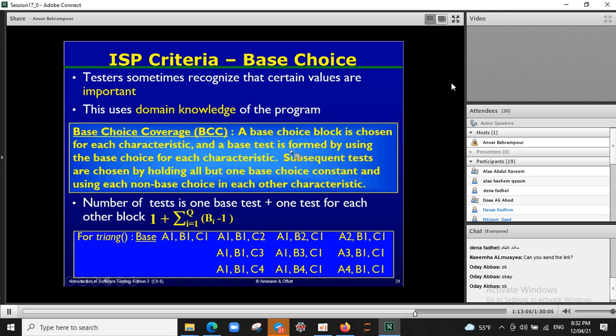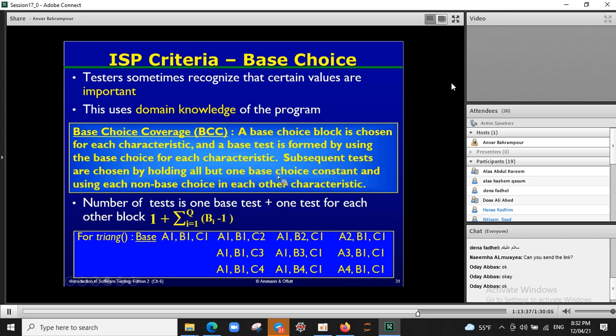A base test is formed by using the base choice for each characteristic. This is a base test.